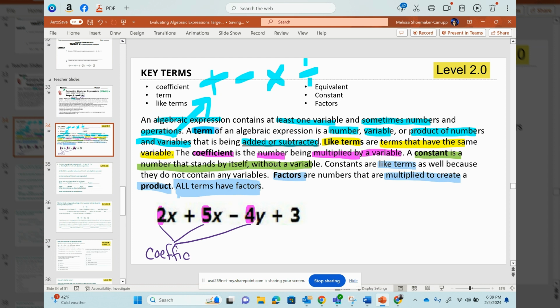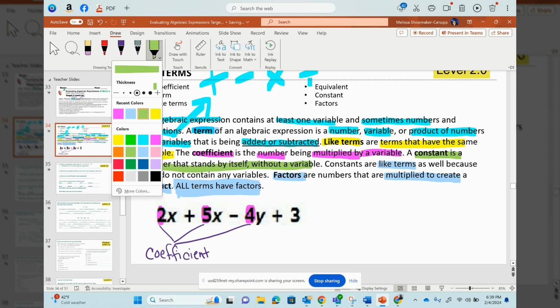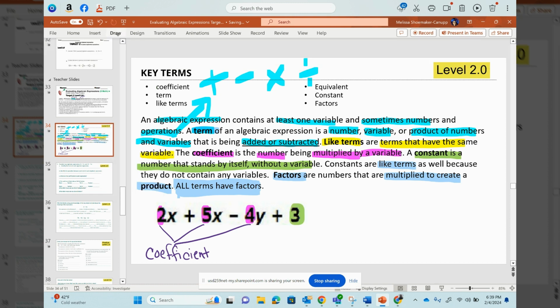See if I can spell this correctly. Okay, let's see. I did a constant in that weird green. Let's see if I can find it again. This is a constant.